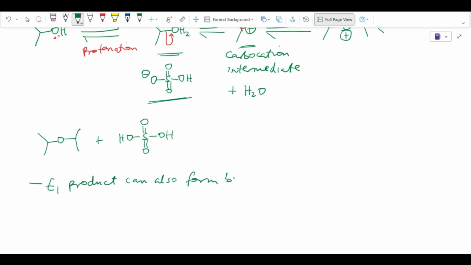But even if it forms, it will eventually form an ether.